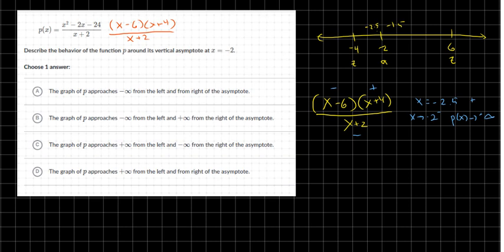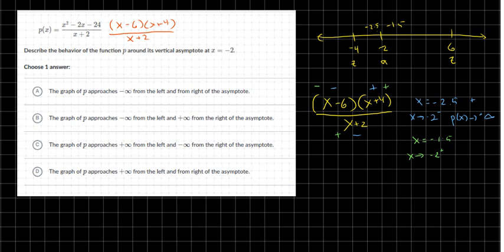Okay, now let's see what happens when x is equal to negative 1.5, and that means that x is approaching negative 2 from the positive side. So let's see, negative 1.5. This one is still negative. That one is still positive. This one is positive.